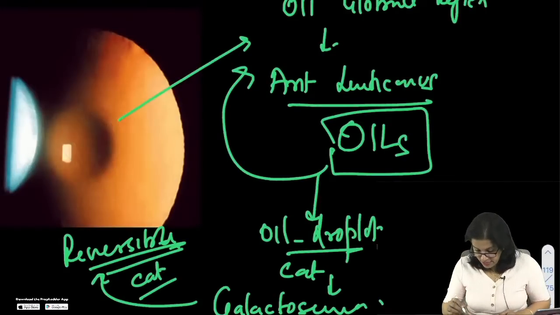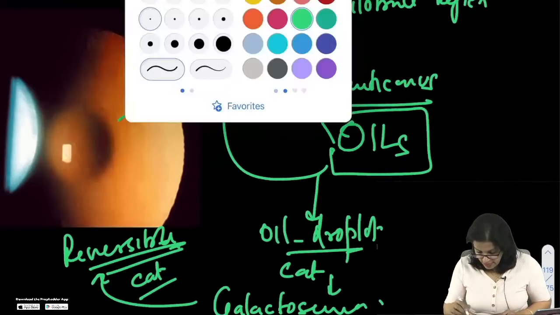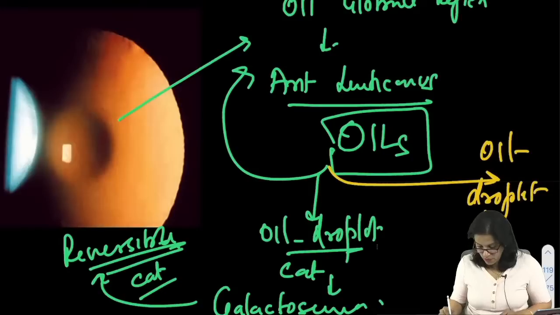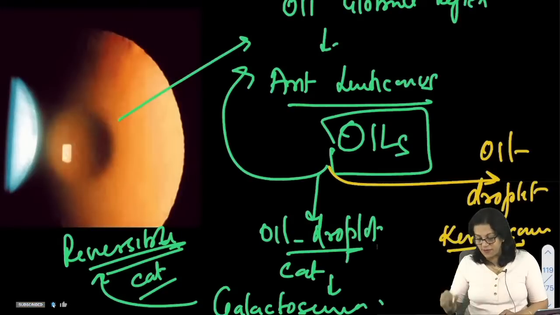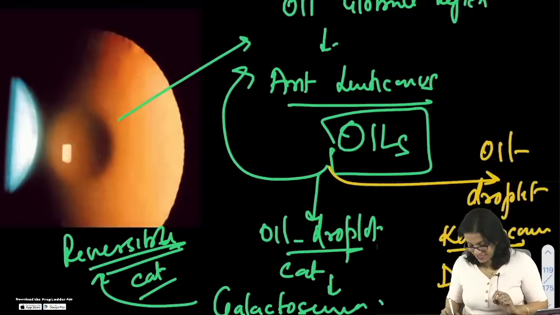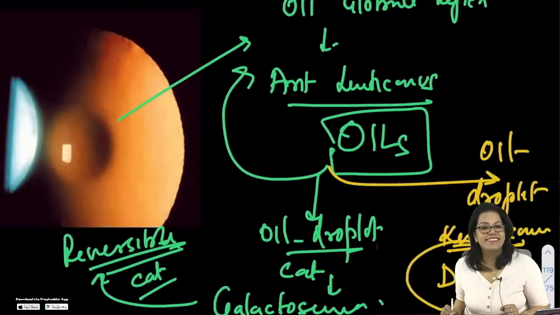Oil droplet reflex. When you say oil droplet reflex, now we are talking about keratoconus. Again, the look is almost the same, like an oil droplet, but this time it is seen by distant direct ophthalmoscopy. This is important to remember.